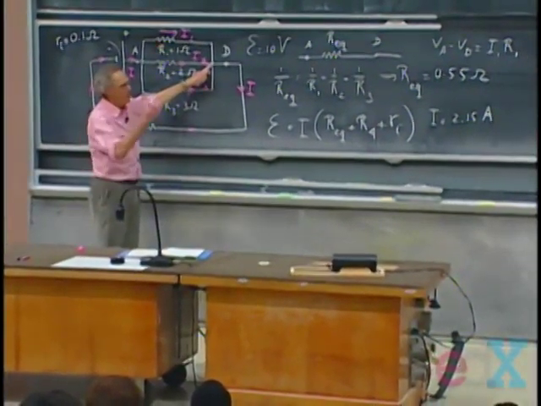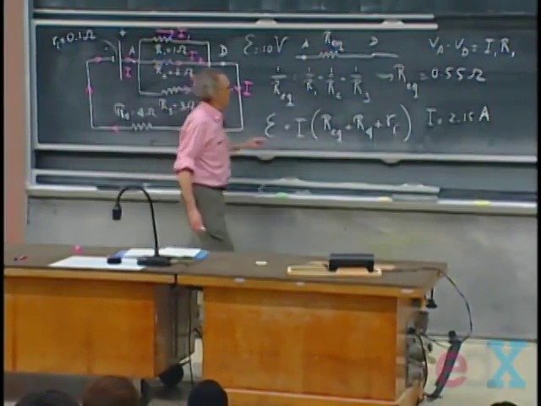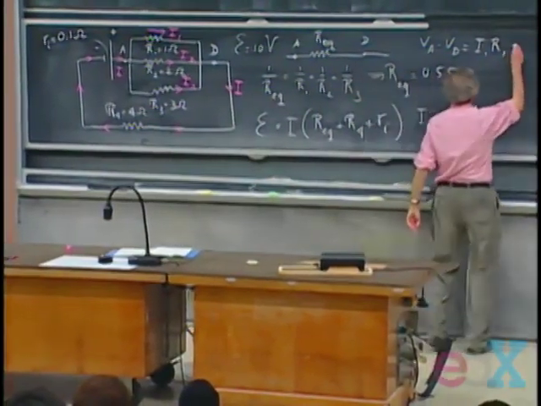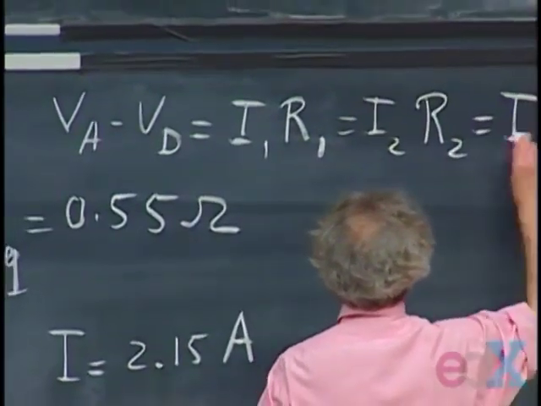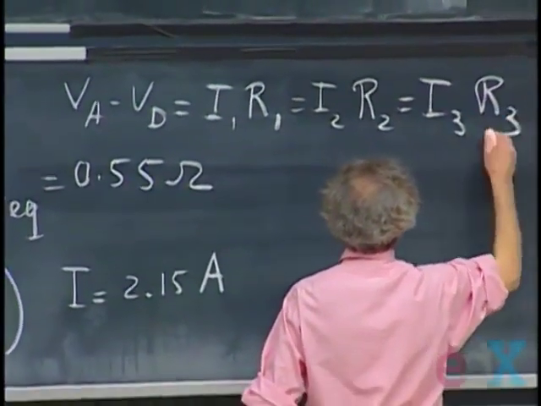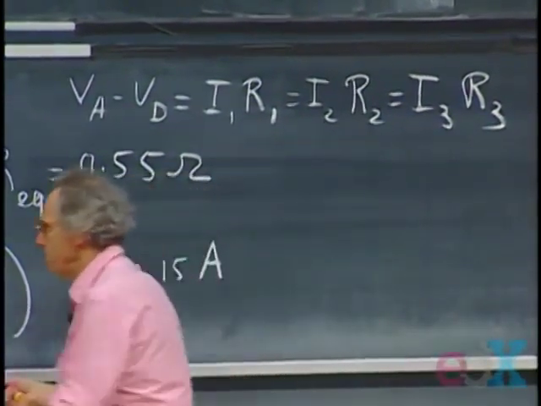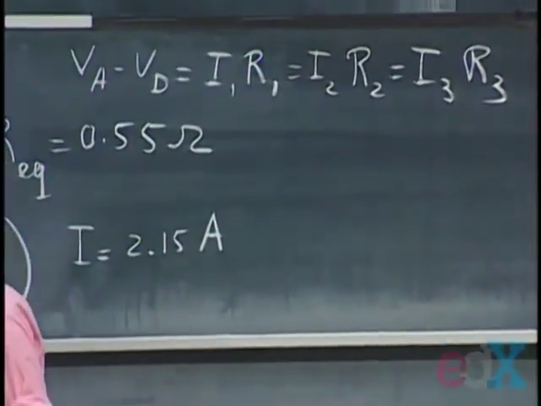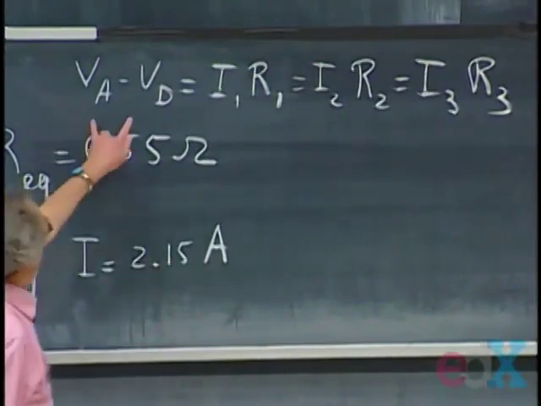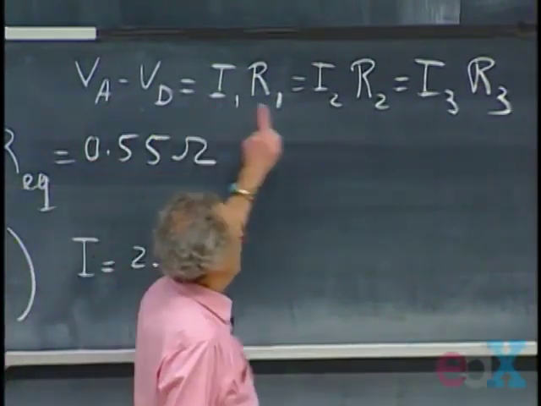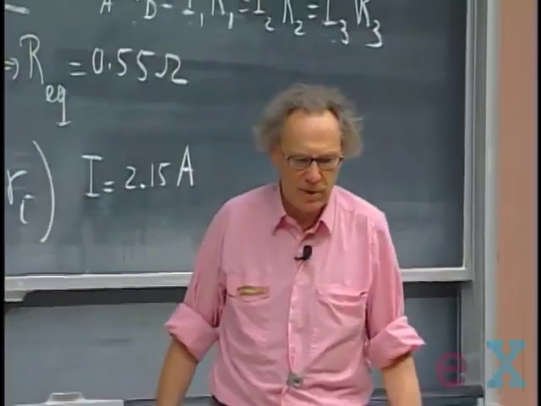The path doesn't matter, I must get the same potential difference. So it's also I2 times R2, and so it must also be I3 times R3. So if I only could find I2, then of course I would know the potential difference. Out pops immediately I1 and out pops immediately I3.